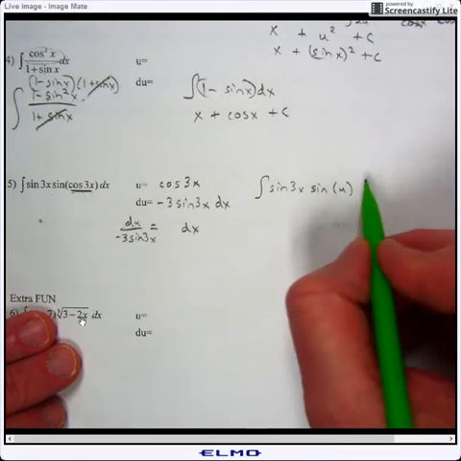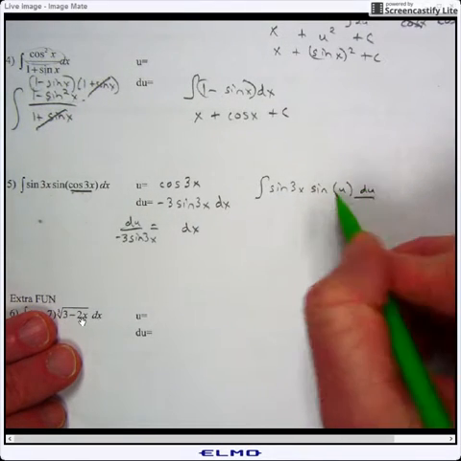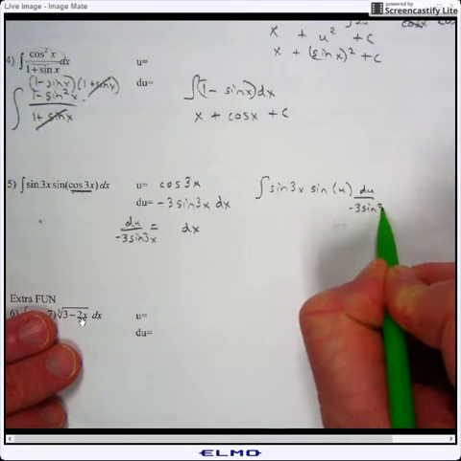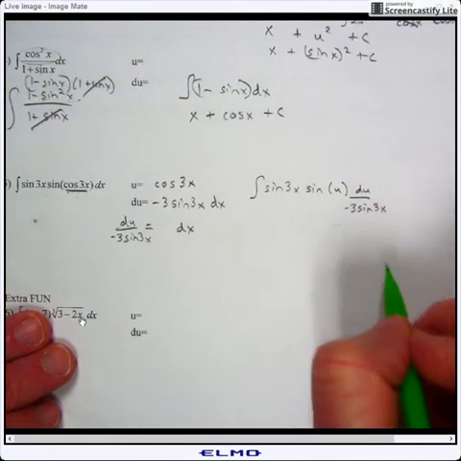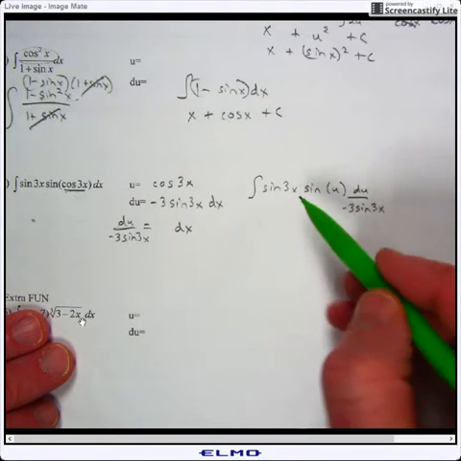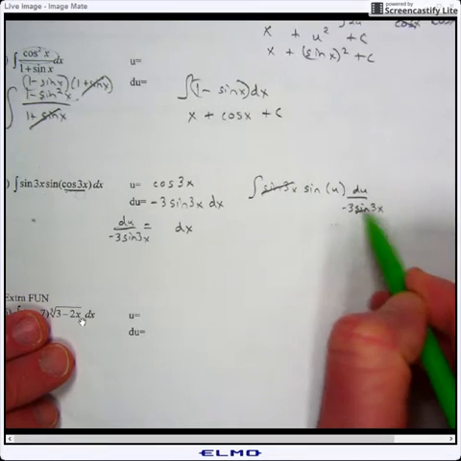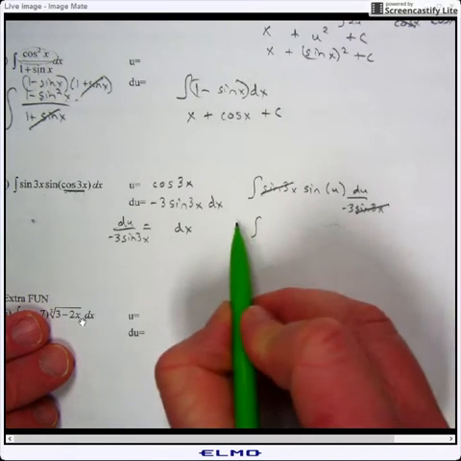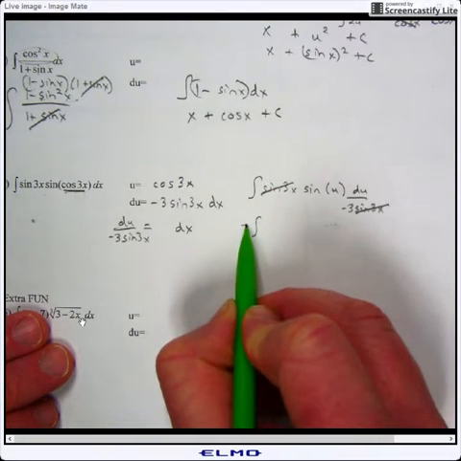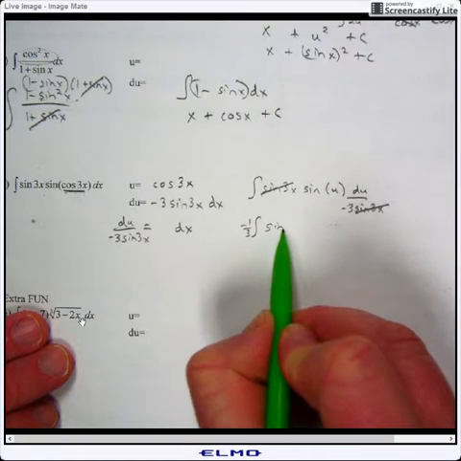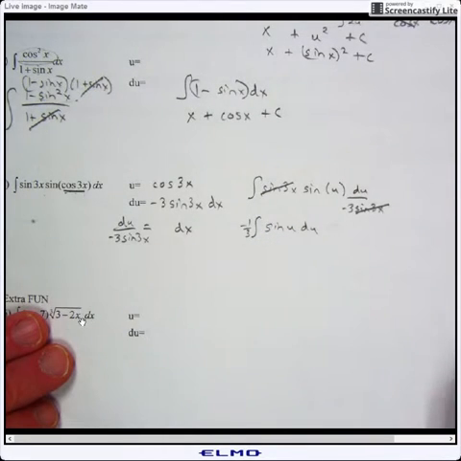And then my dx is du over negative 3 sine 3x. Now let's hope something cancels out of there. Well, it looks like I'm going to get something out of here. Sine 3x, sine 3x. So I'm really integrating a negative 1/3. I'm putting that out front. Sine of u du. So I just cleaned it up.